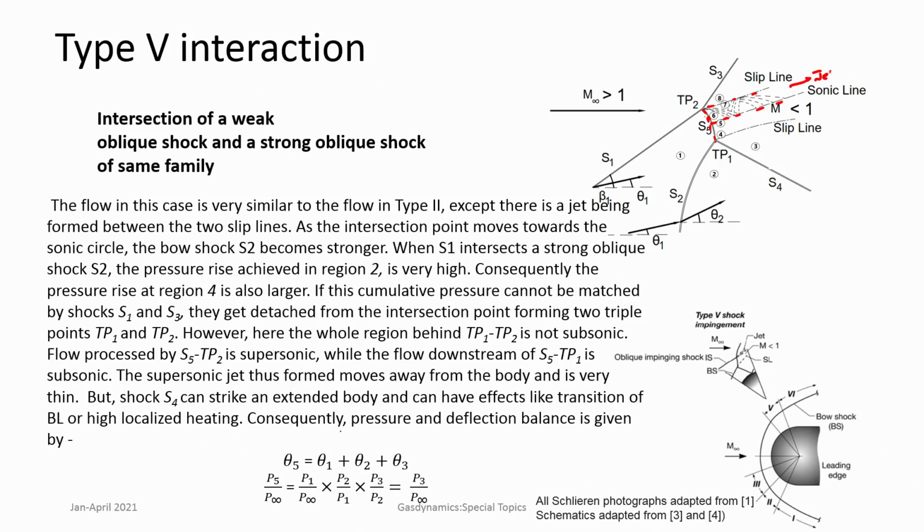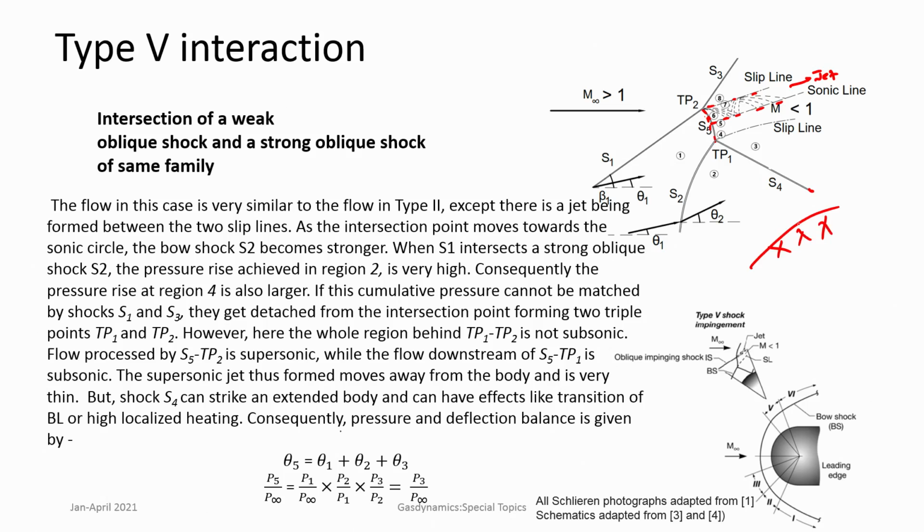But this jet is away from the body. It just curls away from the body, it does not come close to the body. The body is actually interacted with by this shock.